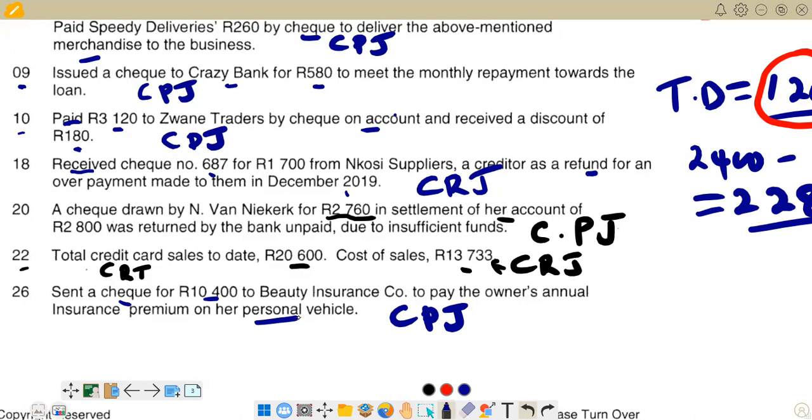Anything that is paid for personal reasons, personal use, money taken for personal use, personal payments, we regard as our drawings. So it means this is affecting the bank account and the drawings account. In the bank account, we have a column for that, but drawings, we do not have a column for that. So this 10,400 for drawings, we're going to put it under the sundry account, since we don't have a column for drawings. So as simple as that.